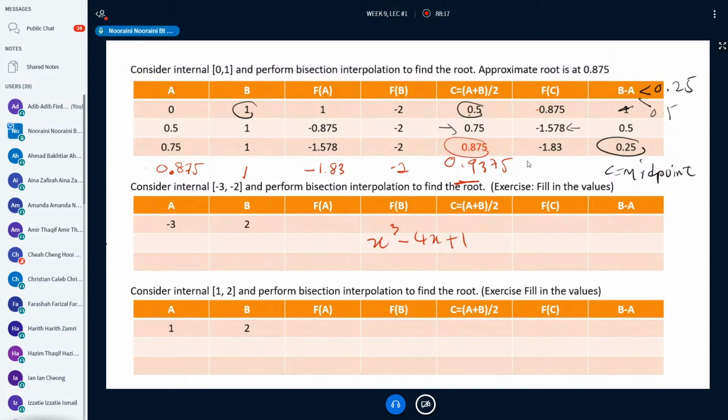So I get basically here 0.0625, which is already less than 0.25. Then we can stop.